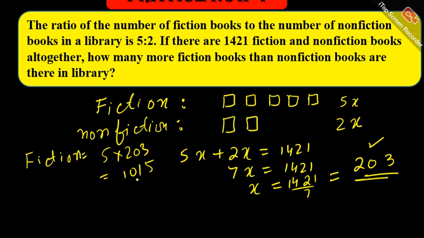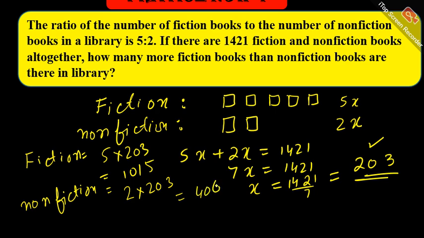And how many non-fiction books are there? The ratio of non-fiction books is 2. So multiply 2 with 203, we get 406, right?